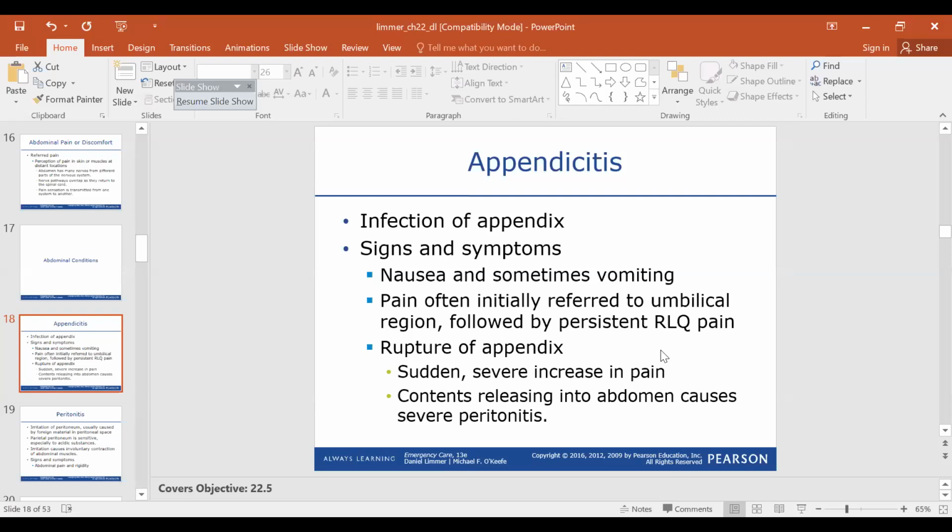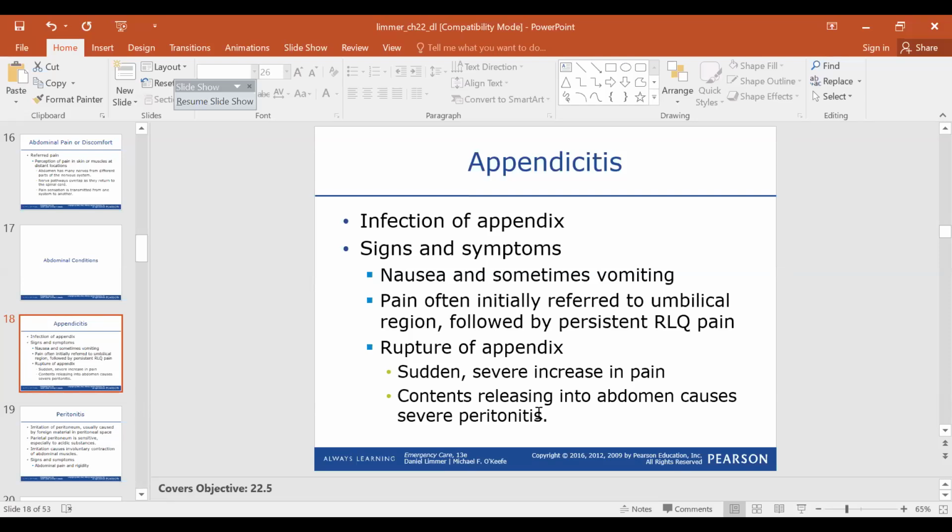That sounds about right. Rupture: sudden severe increase in pain. The reason for the pain is the peritoneum. Whenever the bacteria or whatever was inside your appendix bursts, it touches the parietal peritoneum, that membrane, and irritates it.